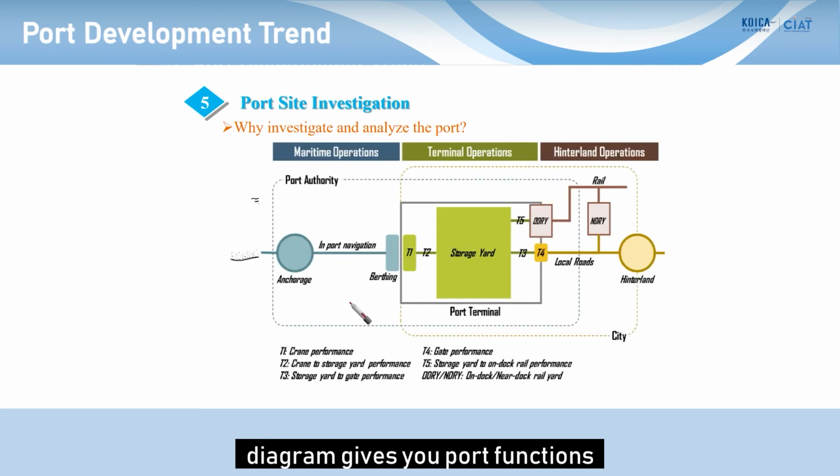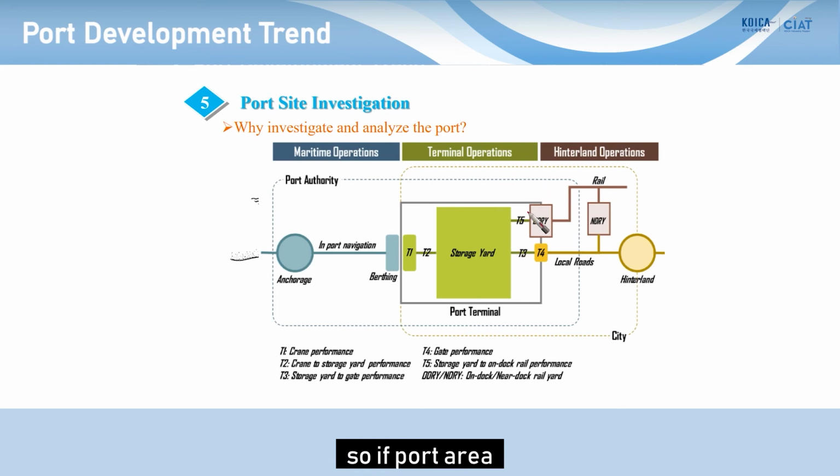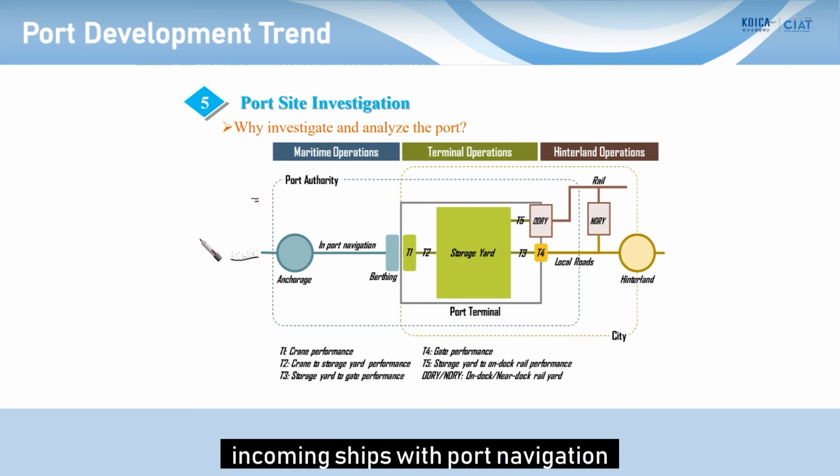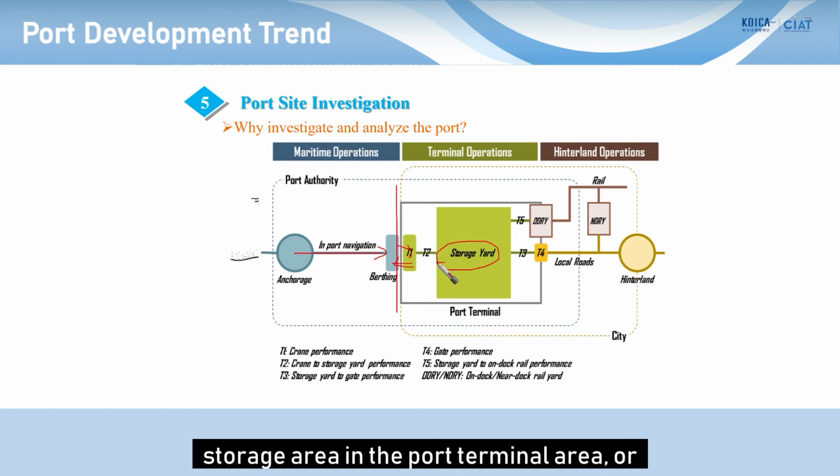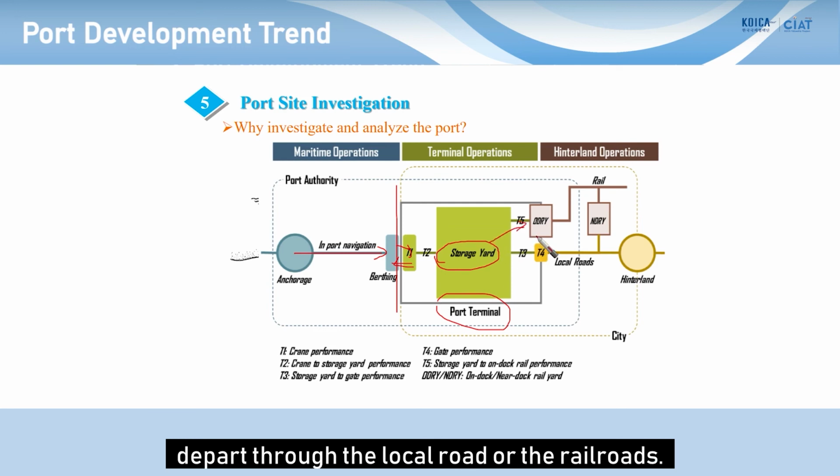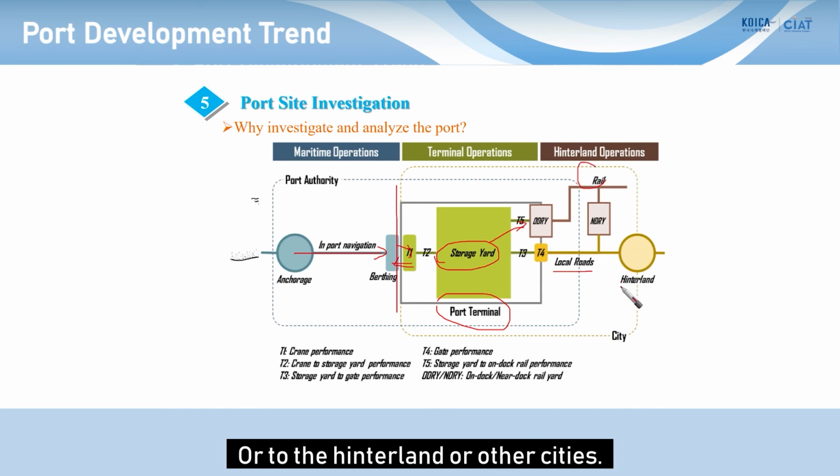This diagram gives you port functions. In the port area, the incoming ship, port navigation, goes to the holding area, and then cargo is loaded and unloaded. It goes to the storage area in the port terminal area, or departs through the local road or railroad. It goes to the hinterland or other cities.